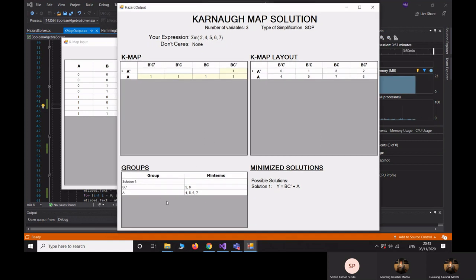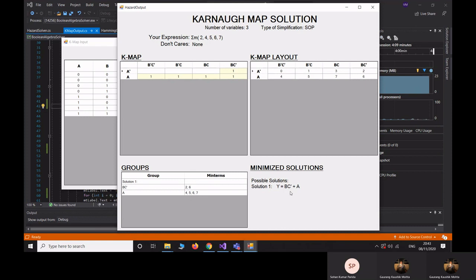In the bottom table, we can see the groups that we have made. One is BC bar, which is made of minterms 2 and 6, which is this vertical column. The other is A, which consists of 4, 5, 6, 7, which is the bottom row.